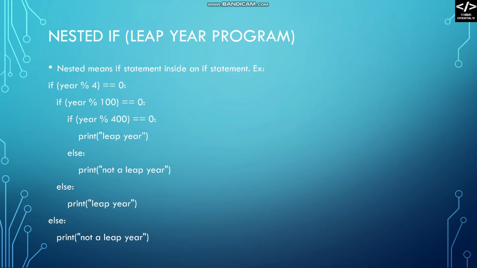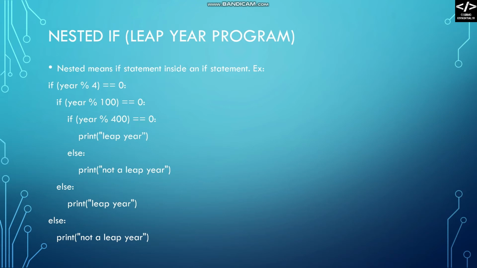First, if it's divisible by 4, then you need to check whether or not it's divisible by 100. If it is divisible by 4, not divisible by 100, but divisible by 400, it is a leap year.